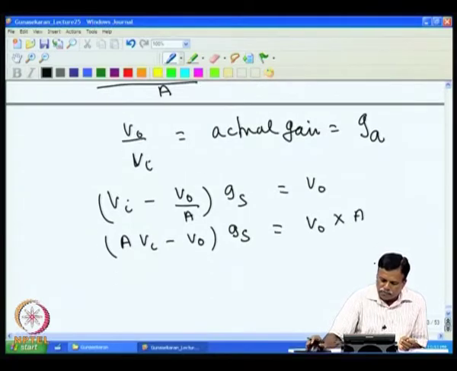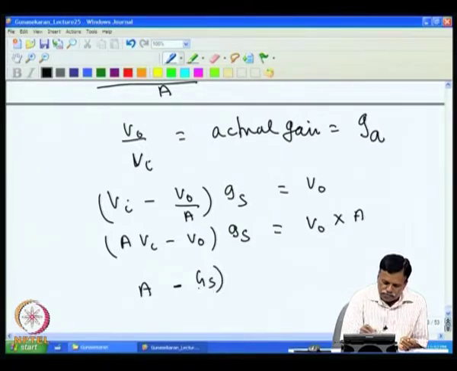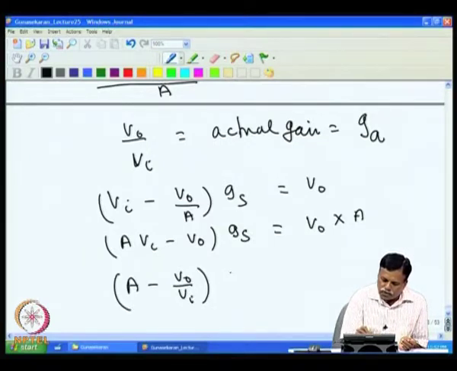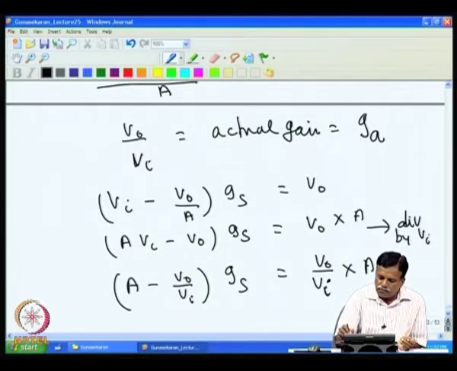If I divide both sides by VI, then I will get A into Gs minus V0 by VI into Gs equal to V0 by VI into A. I merely divided by VI, so I divide all the terms by VI, and that is what it comes.